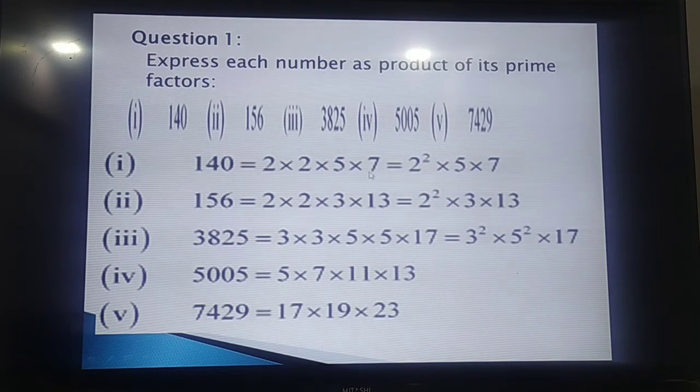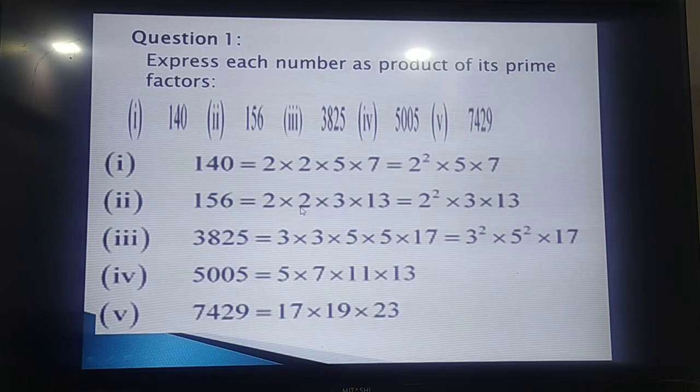So 140 has 4 prime factors. You can write 2 first or 5 first or 7 first. It makes no change in the factorization of 140. So it is 2 square into 5 into 7.